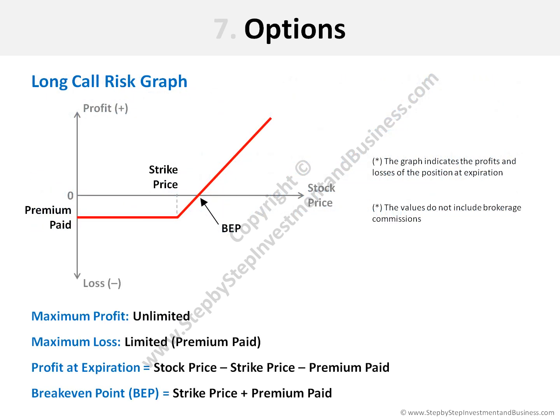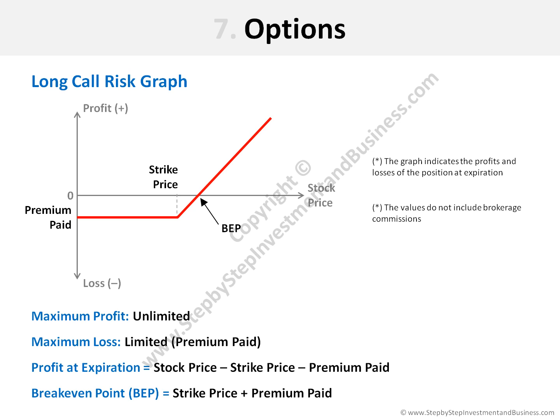Well, now let's analyze the risk graph for the long call position. What we can see here is a graph with two axes. On the vertical axis, the profits or losses of the position are indicated, and on the horizontal axis, the stock price.